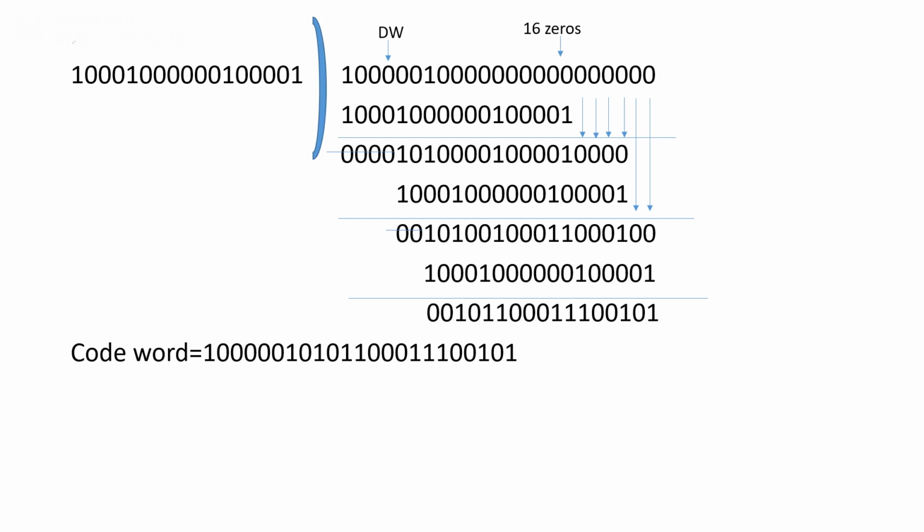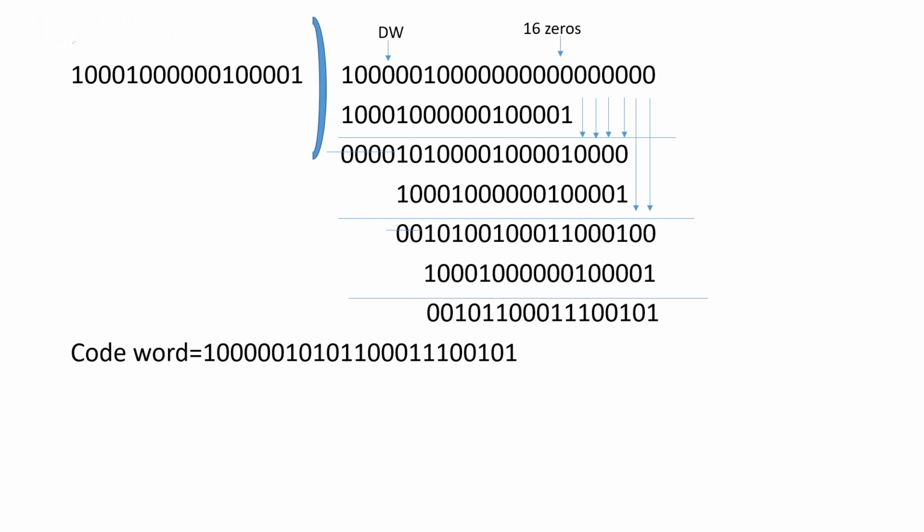Up to here, 13 bits are there, but the actual length is 17. So we need to carry the remaining 4 zeros up to here, make the equal length, and once again perform the XOR operation with the 17-bit divisor. Here I am taking 1 0 0 1, 6 times 0, 1, 4 times 0, 1.